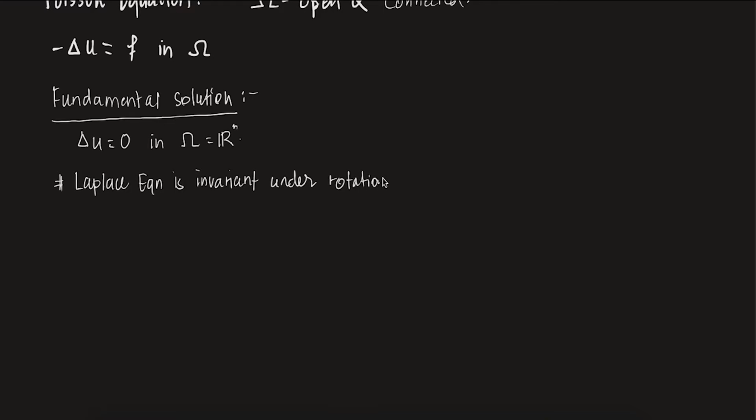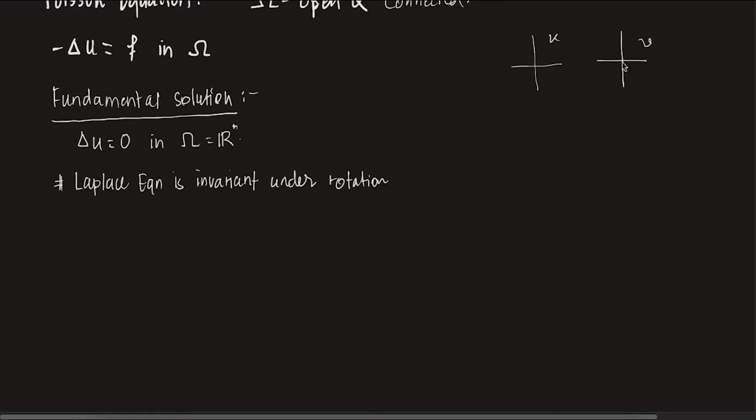What does that mean? It means that if you have a coordinate axis and you rotate it through some angle theta, then in the new coordinate axis, let's say u is defined here, that's your v. This is the new coordinate axis after a rotation theta.